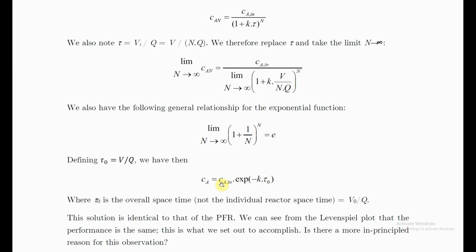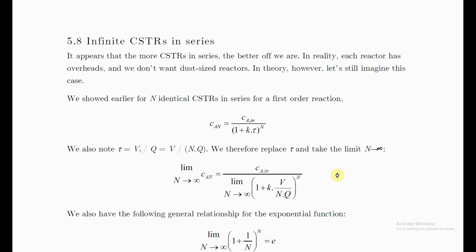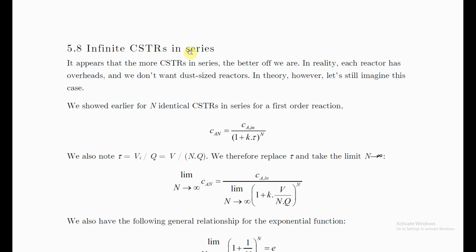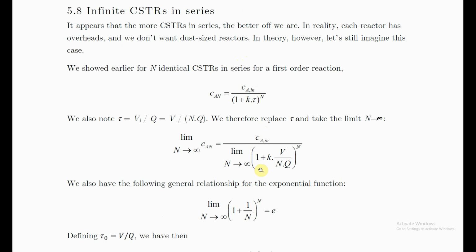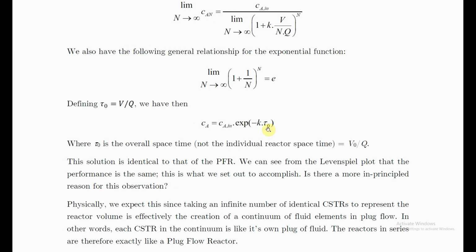And if you have a look at your plug flow reactor, it's identical. In other words, if we take infinite numbers of CSTRs in series, we will get the exact same result as for a PFR. So that's not an expected result. If we chug through the mathematical mechanics, you get the same answer, which you didn't expect, right?